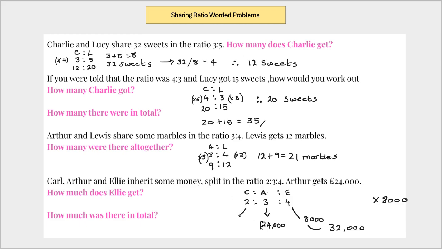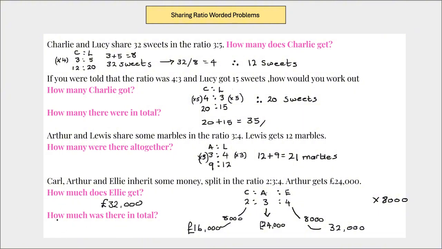Then we have Carl, who's got the ratio of 2. So by 8,000, he's going to have £16,000. So they're all in the money, really. So the answer to that is Ellie gets £32,000.